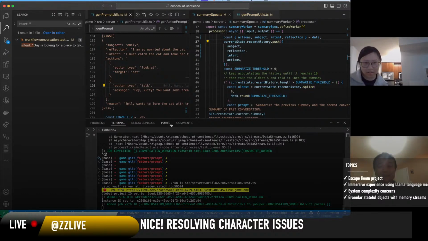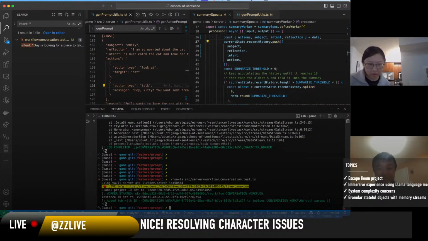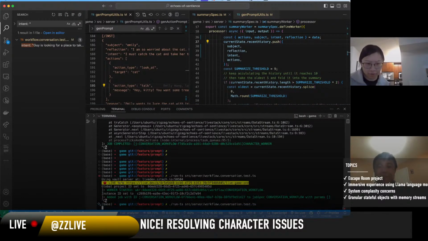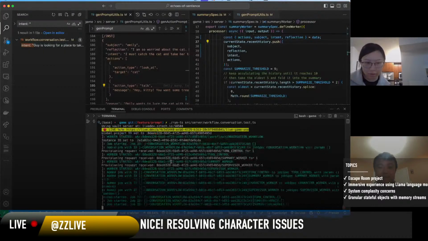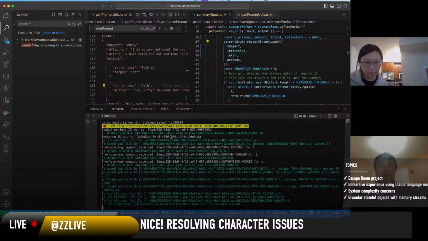And I don't know what happened. Is it having trouble provisioning the resource? Yeah, something like that probably. Yeah, this conversation workflow doesn't have a random ID. You don't need it most of the time. You shouldn't need it.